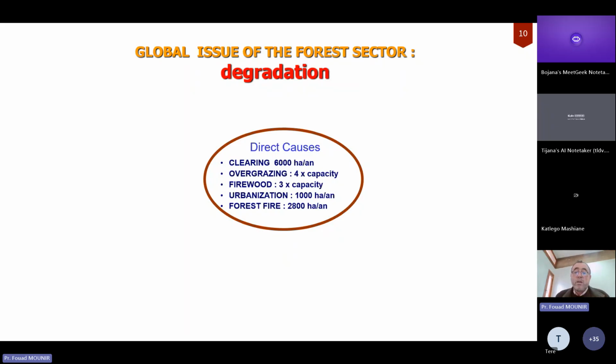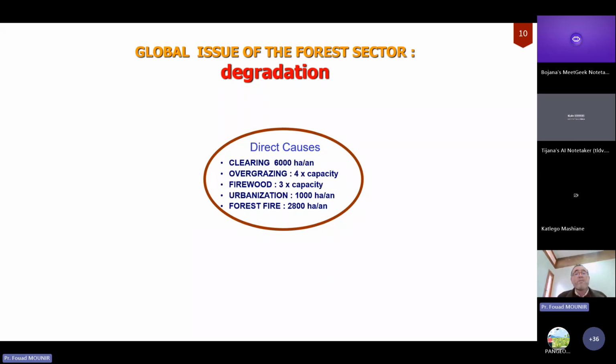Overgrazing, which takes 4 times the capacity of our forest. Firewood, that the population in very high mountain areas are using for their warming. Urbanization also takes some area from the forest, and also fire takes area from this forest.